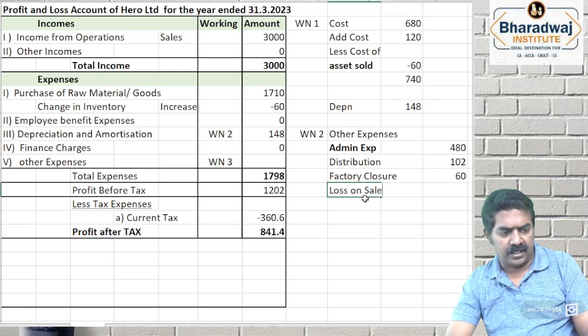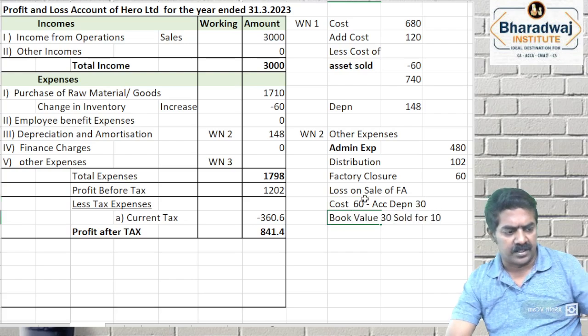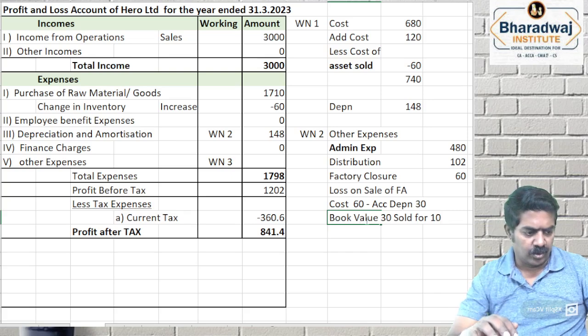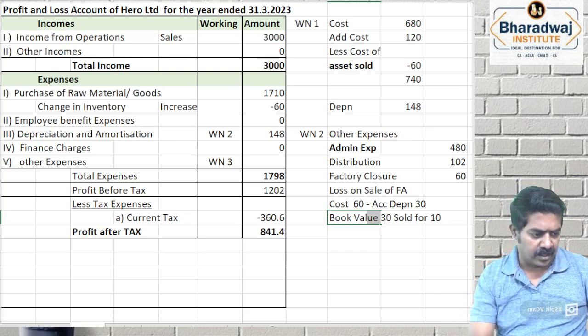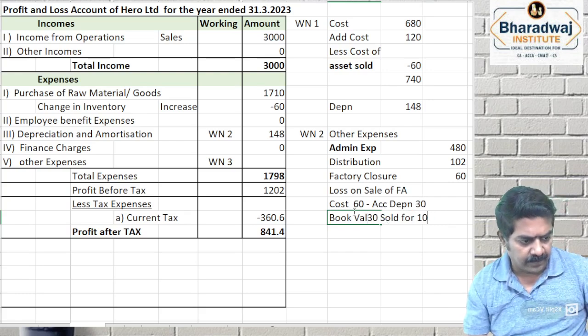loss on sale of asset. What is the cost of the asset sold? 60, minus accumulated depreciation 30. Now book value is how much? 30, sold for 10 now. What is the loss? Book value is 30, sold for 10. Loss is how much? 20.